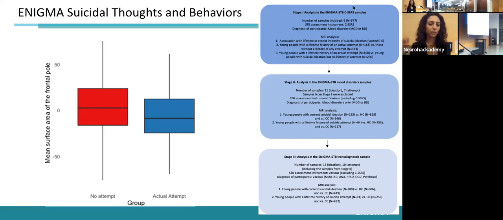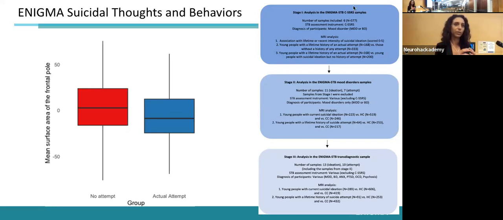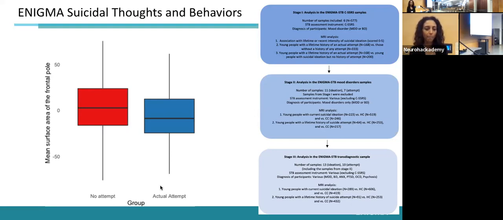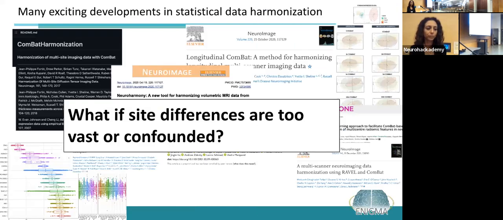So we took a 3-stage approach here, a very focused approach first, and then we added more variability to the samples that we were testing, including adding cohorts that had different cases. Instead of mood disorders, we also had folks with OCD, for example. And interestingly enough, our effect was actually limited to the narrower sample.